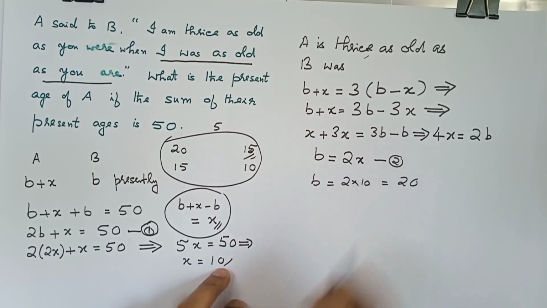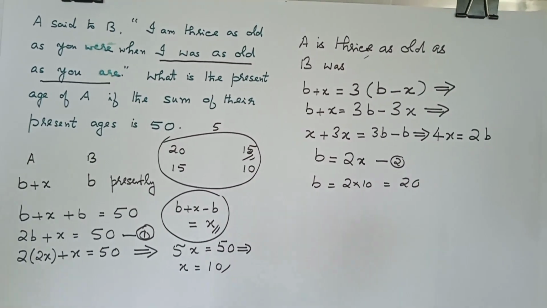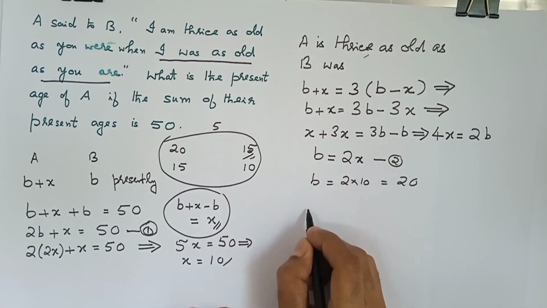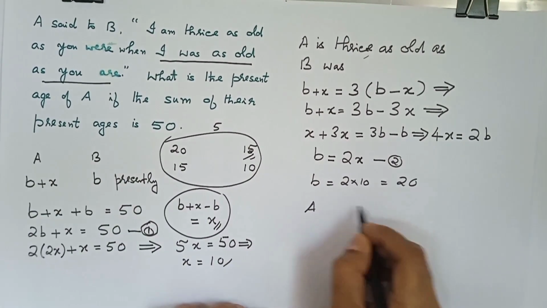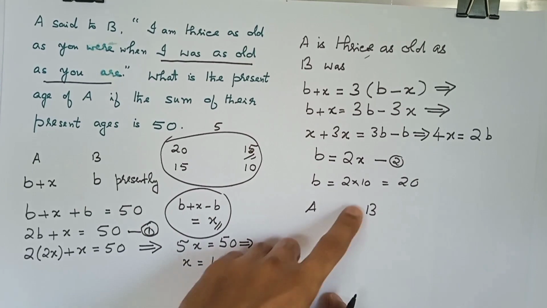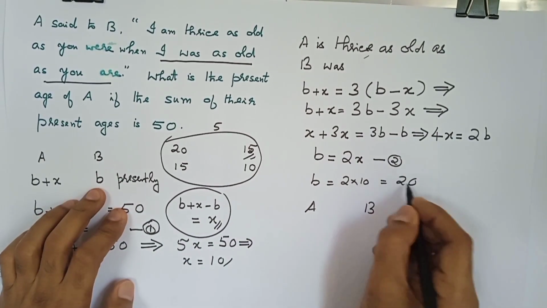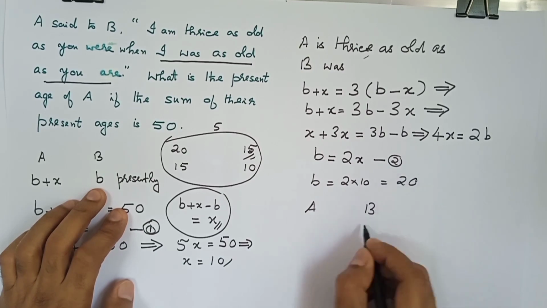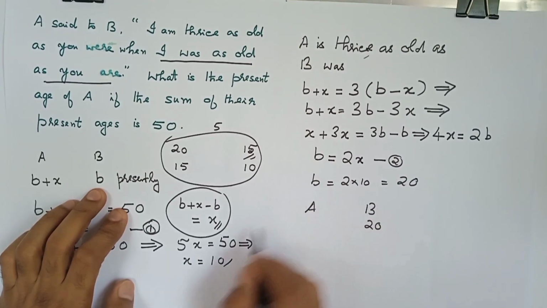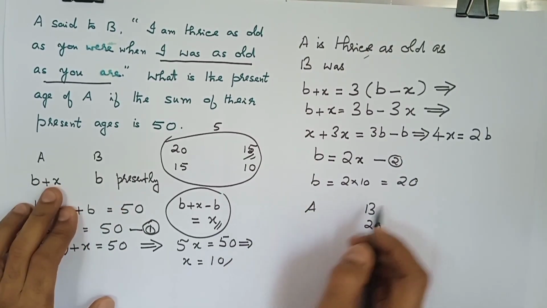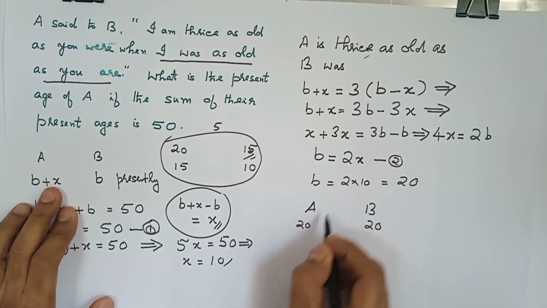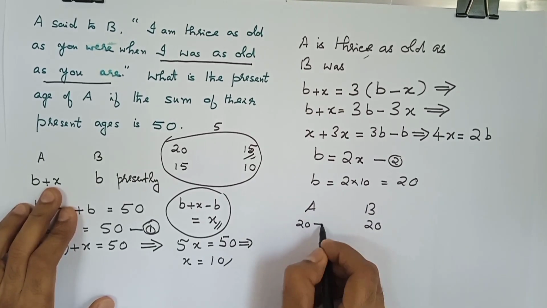So 20. Now we have assumed the ages of A and B. Look at this. B is found to be 20. And what is A? B plus X. B is 20, X is 10.